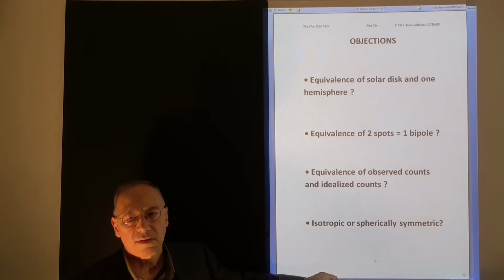Is the equivalence of observed counts with idealized counts, as proposed in the two previous videos, correct or even realistic? Of course, we do not suggest that the statistically representative numbers of sunspots and bipoles are exactly those of the solar sequence, which represent the numbers of turns in a differential rotation cycle for the Sun. Also, we do not suggest that they actually exactly represent the divisors of 120 and 144.